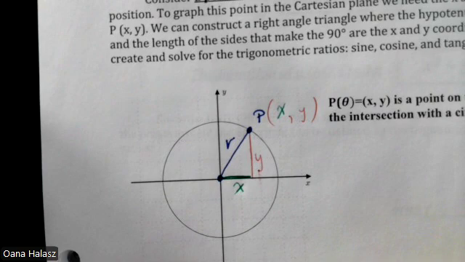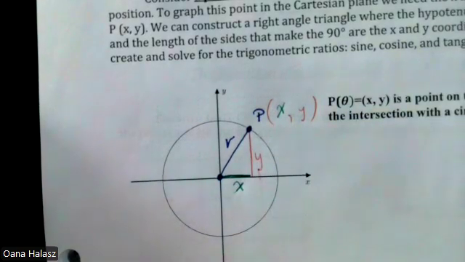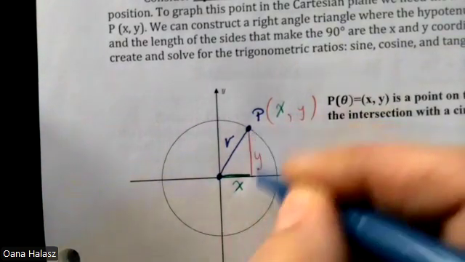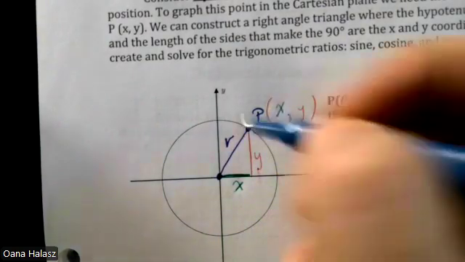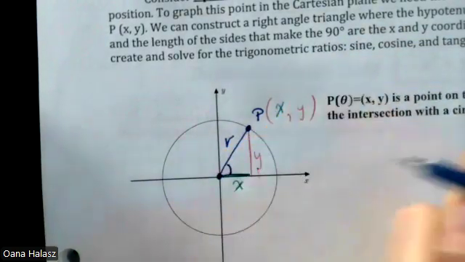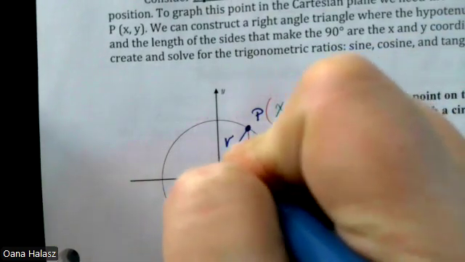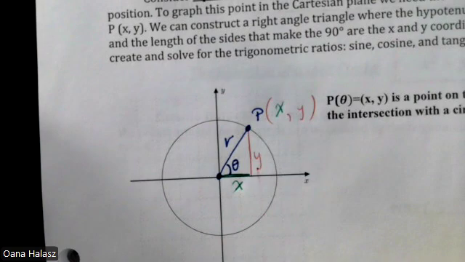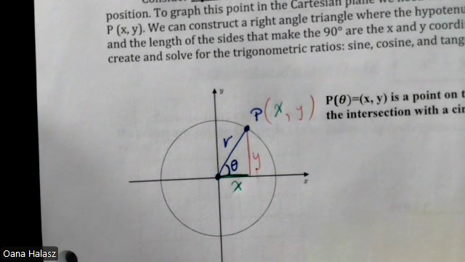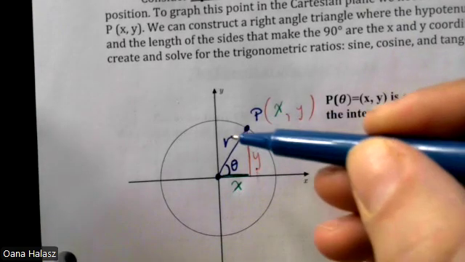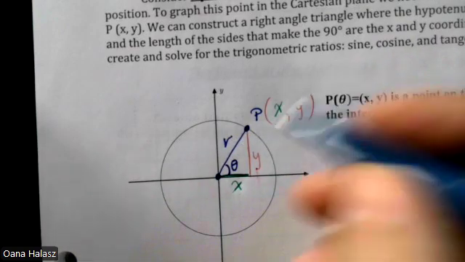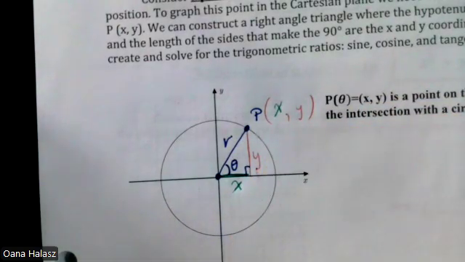Make sense? Okay. Also, once we do this, we can see we drew a triangle, right? And then at the center of this triangle, we have this theta, let's call it a central angle theta, that now we can calculate trigonometric ratios for using this circle, because we can create those ratios in the right angle triangle. This is a right angle triangle, right?